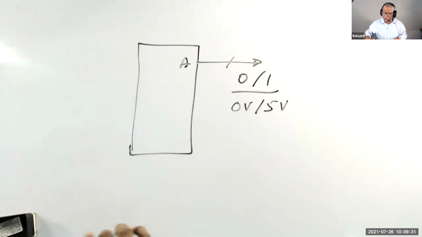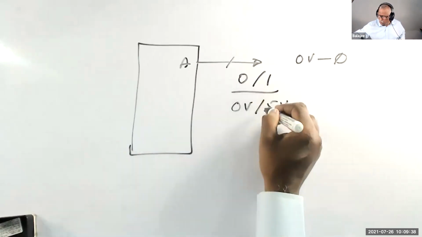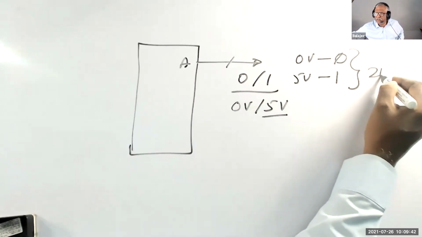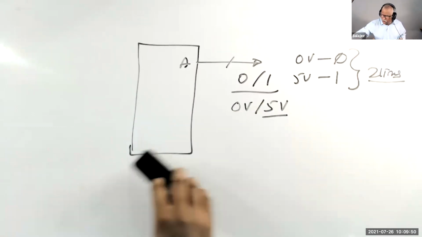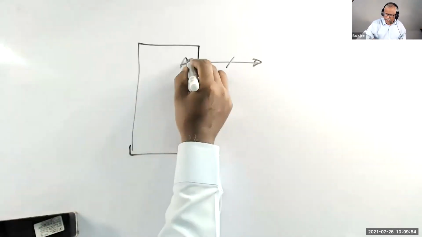When it is 0 volt, it represents 0. When it is 5 volt, it represents 1. That means it can address 2 lines. How many lines? 2 lines. It can address only 2 lines, not more than that. If you have two wires, 2 pins in the microprocessor, A0 and A1.